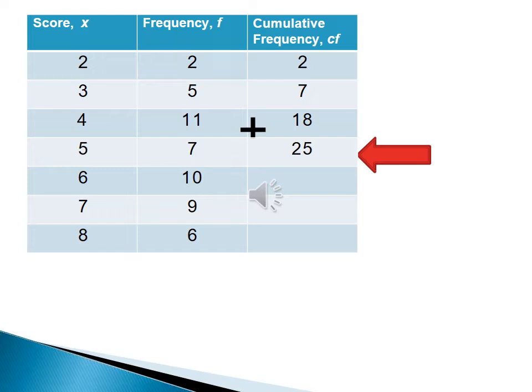Added to the 7, we get 25, then 25 will be added to 10 and we get 35.